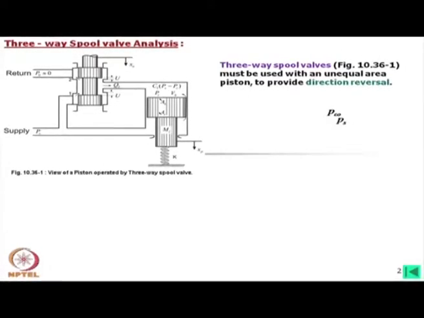Although directional reversal is done, the scope is there because it is a four-way valve, but it is usually connected to rotary actuators, and normally we do not go for reversal frequently. On the other hand, if we would like to go for a reversal, in that case three-way with the load cylinder, this arrangement is the best.